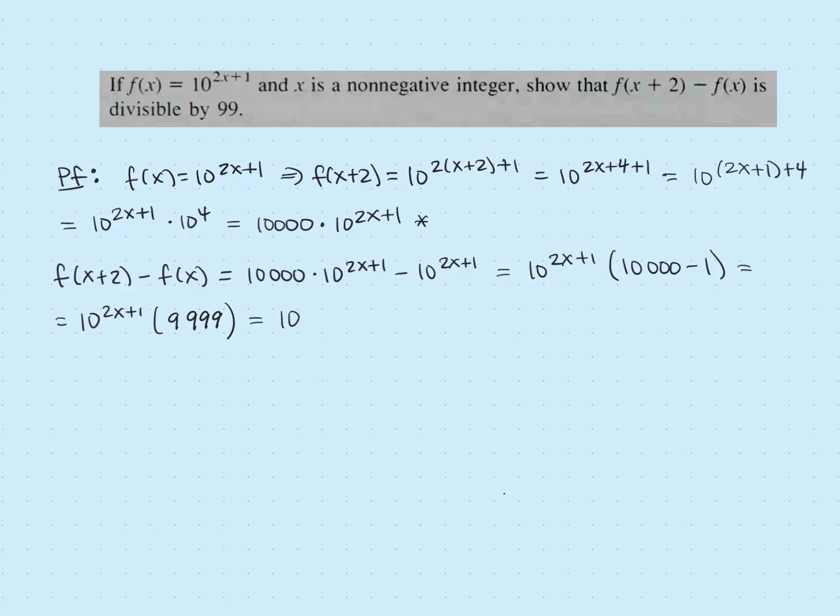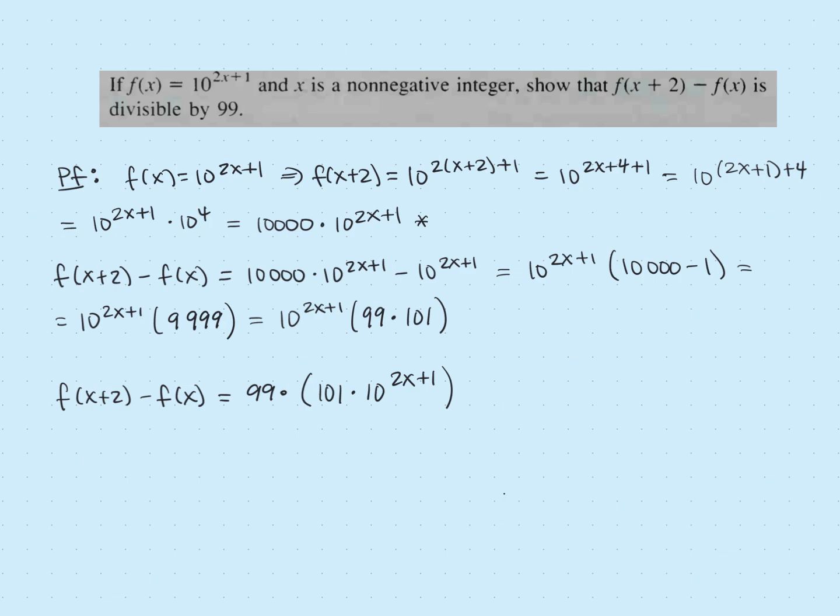Okay, so this would be 10 to the 2x plus 1 times 99 times 101. And now notice that if we put this all together, we have f of x plus 2 minus f of x equals 99 times 101 times 10 to the 2x plus 1.